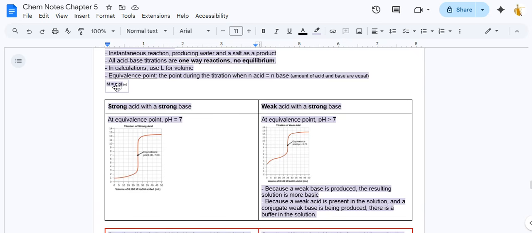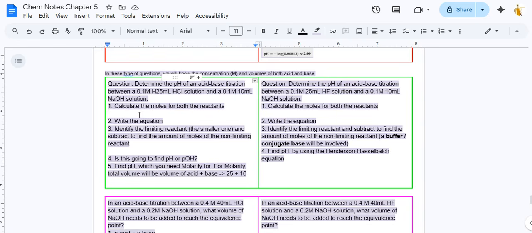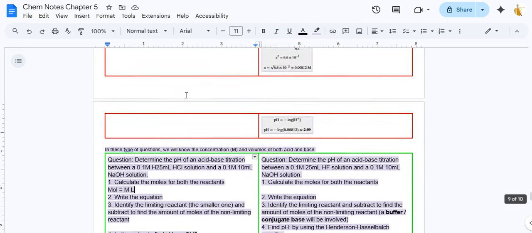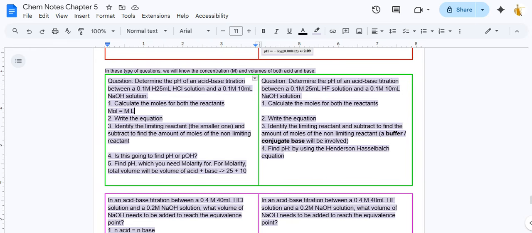So moles is equal to molarity times liters. And remember, for calculations for this, use L for volume. So we need to convert 25 mL and 10 mL to liters.